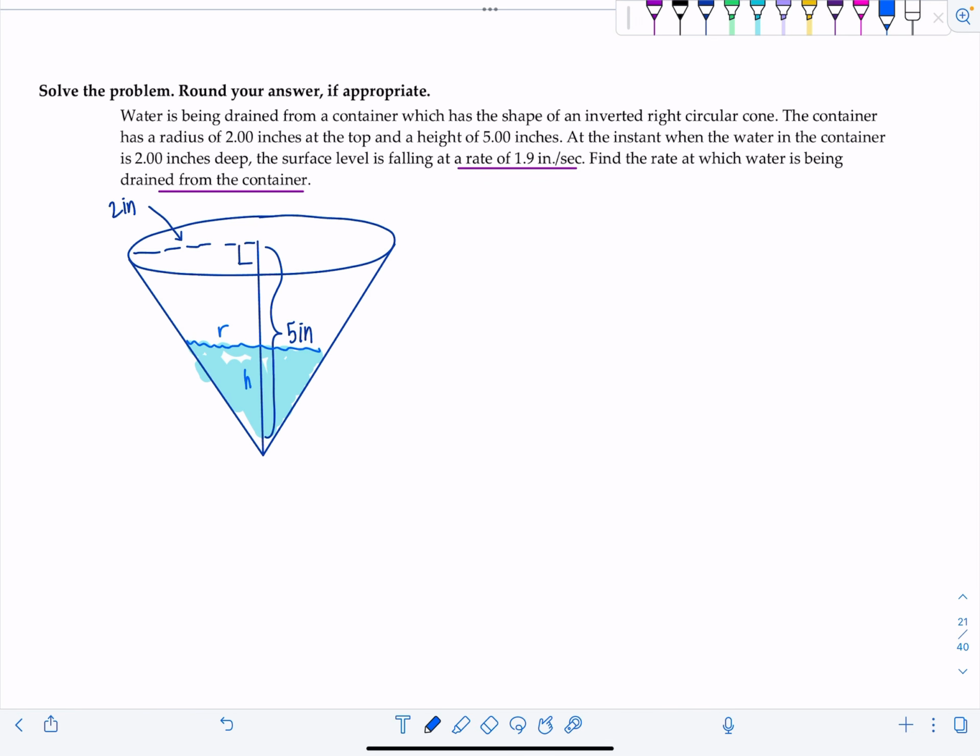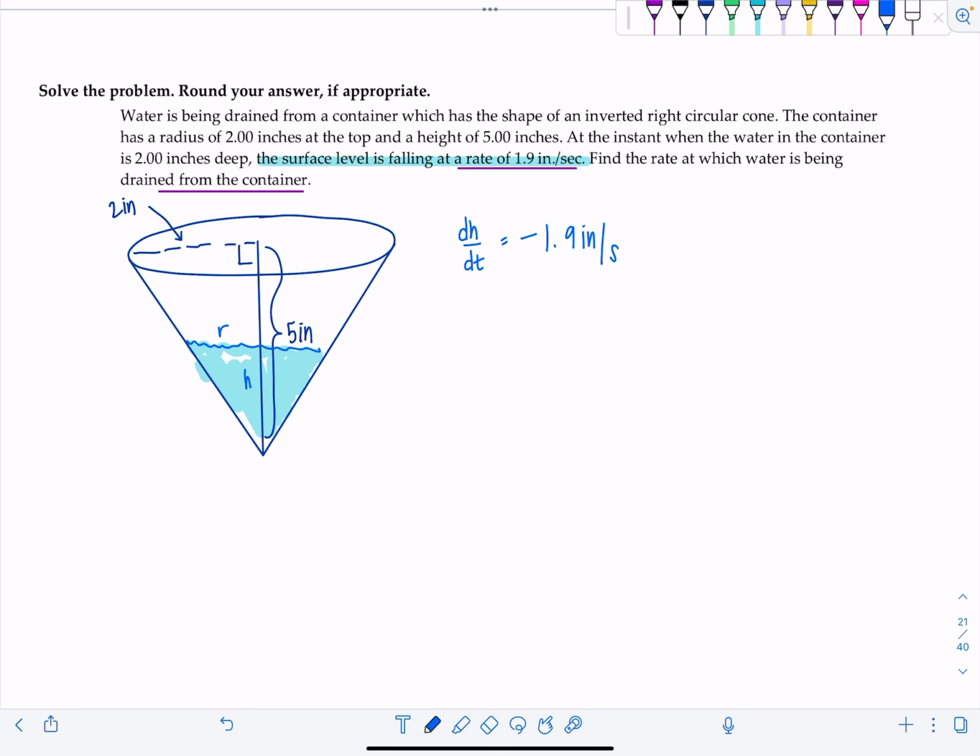But since the water's draining, R changes, H changes, okay? Here they told me the surface level is falling at a rate of 1.9 inches per second. So which quantity would that represent? Surface level. That's the rate of change of the height, yes? So they just told me dH/dt, since it's falling, it's negative 1.9 inches per second.